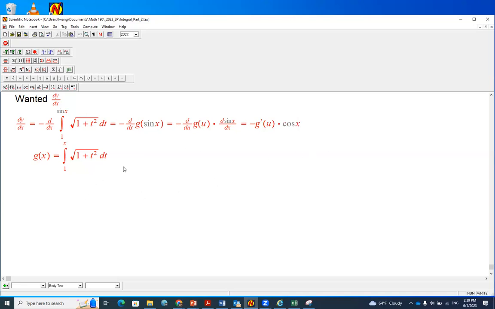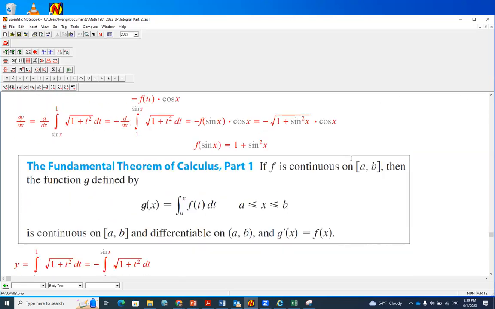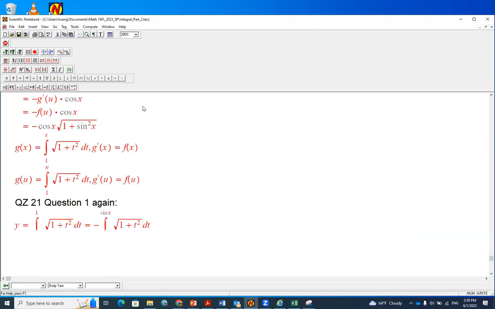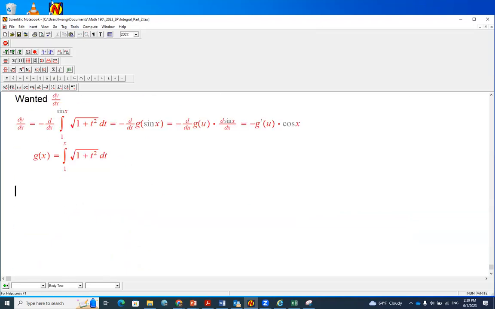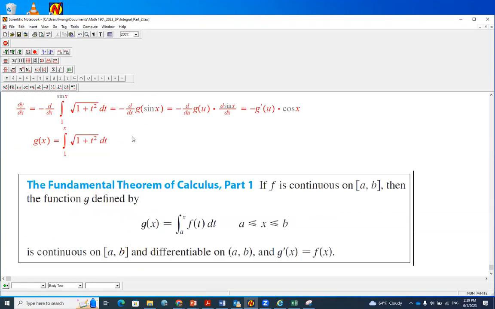What is g prime u? According to the fundamental theorem of calculus part 1, g prime u is f of u.